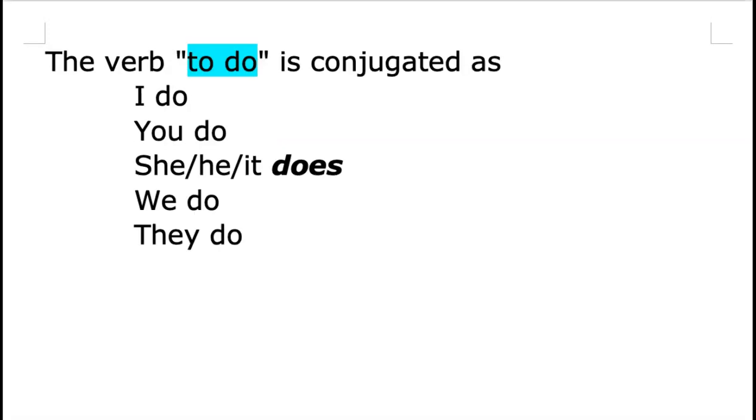The verb to do is conjugated as I do, you do, she or he or it does, we do, and they do. Notice, in English simple present, there is no change except for the third person singular. The third person singular always ends in S.